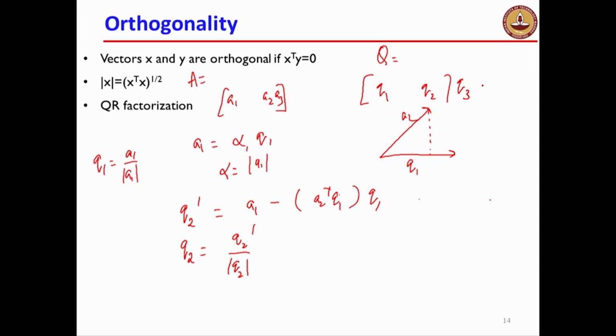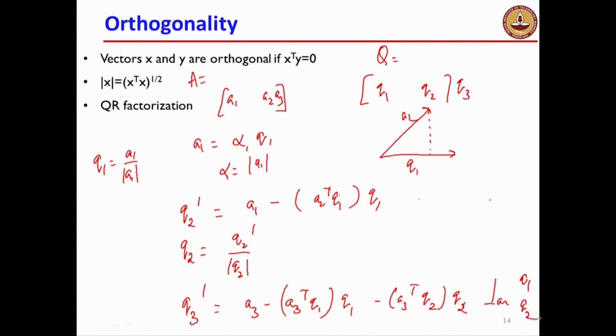I take Q3 prime: I take A3, subtract the component of A3 along Q1, which is A3 transpose Q1 times Q1, and subtract the component of A3 along Q2, which is A3 transpose Q2 times Q2. So whatever I can explain of A3 along Q1, I take that, whatever I can explain along Q2, I take that, and I subtract these two. This has to be perpendicular to both Q1 and Q2.